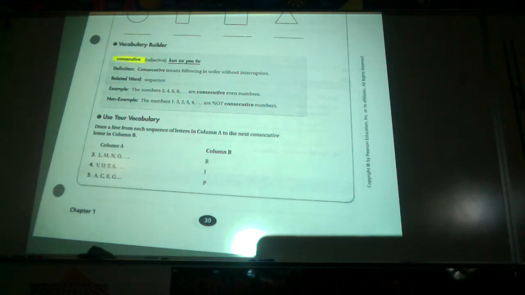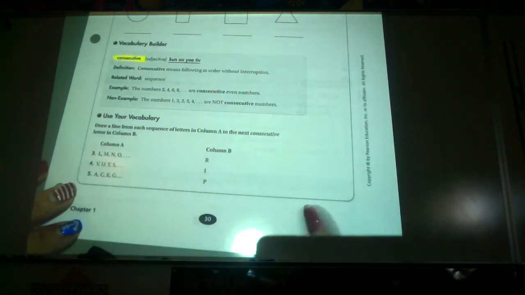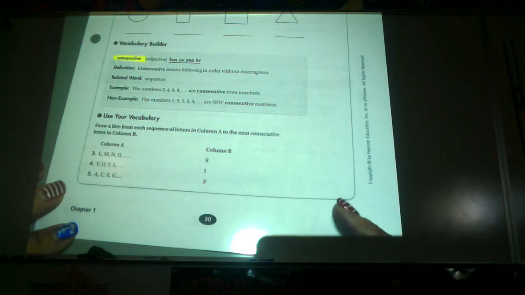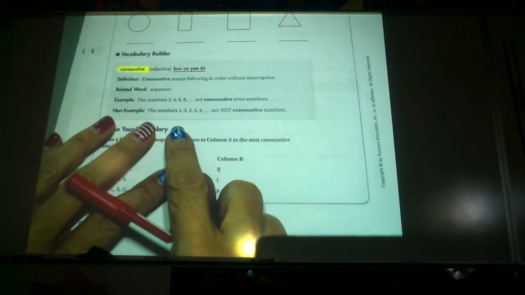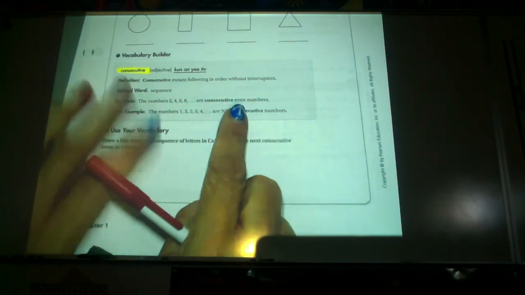There you go. So we don't need to do questions 3 through 5, do we? All right. And they do give you an example of consecutive even here. So know the difference between plain consecutive and consecutive even.